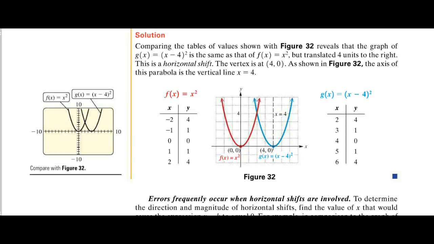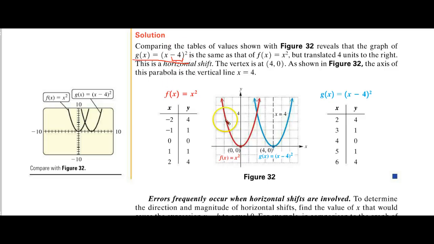And this is the last thing we'll go over. If we have our function where our value of x is in a parenthesis, x minus 4, parenthesis, and that quantity is squared. Again, it's a parabola, but the negative being here actually shifts the parabola.